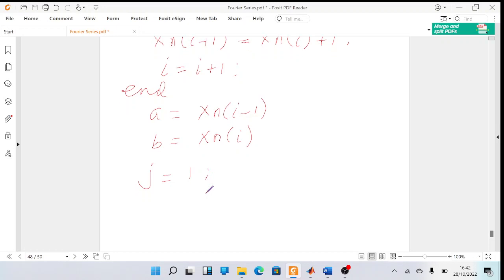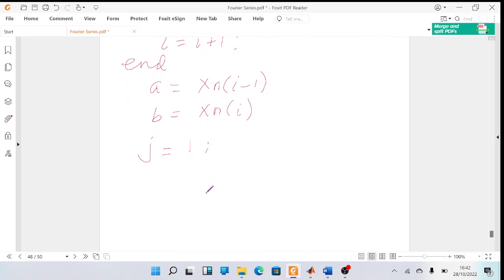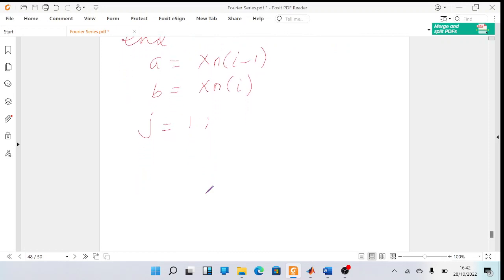Then we'll now apply the bisection method. So I'll say while the absolute value of a minus b is greater than some value 0.00005, because I want the root correct to 4 decimal places.